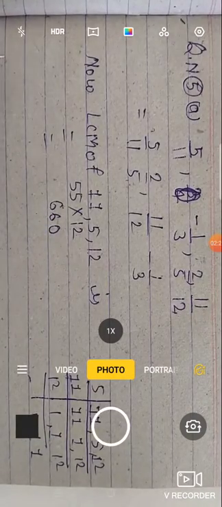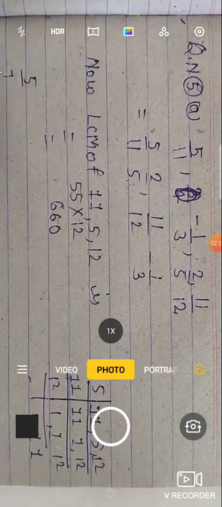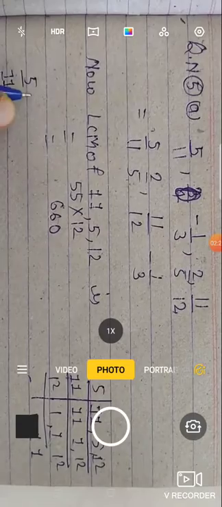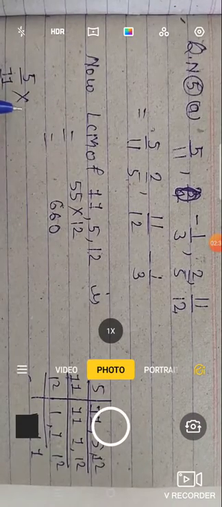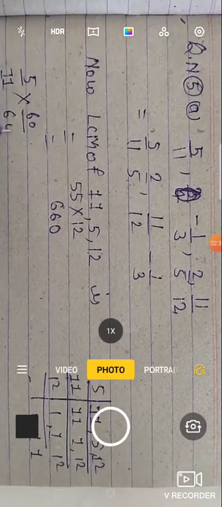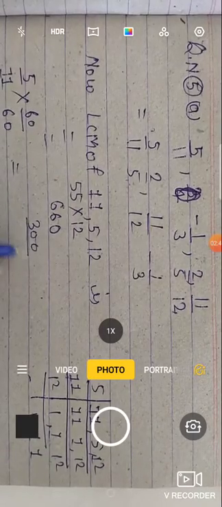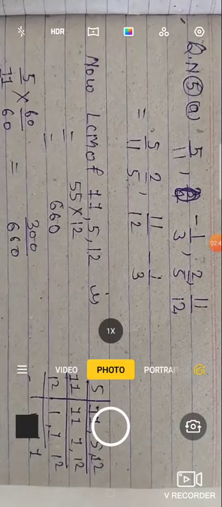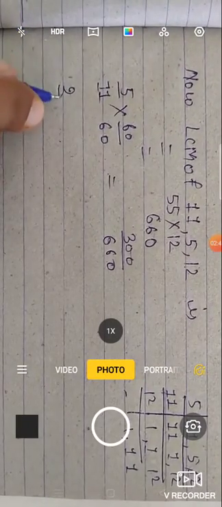660. So now 5 upon 11, which number will we multiply by? 60 here and 60 here. So that is 300 upon 660, and the next number is 2 upon 5.